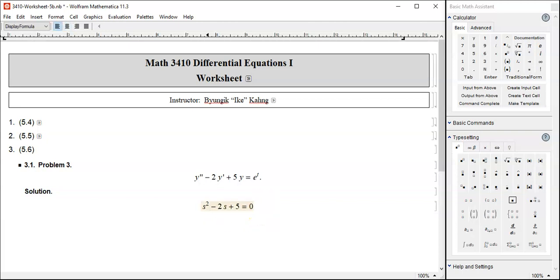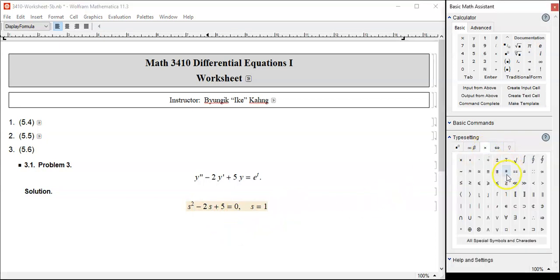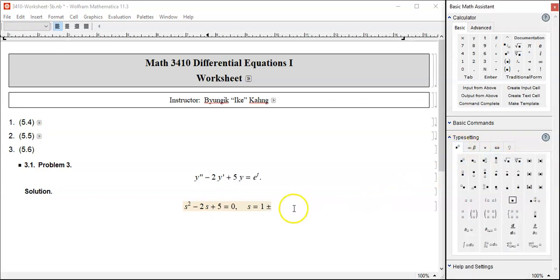Let's solve this, and this is equivalent to s equal to, since this is an even number, let's go directly to this: 1 plus or minus the square root of 1 squared minus ac.